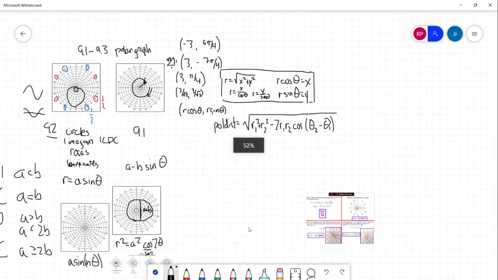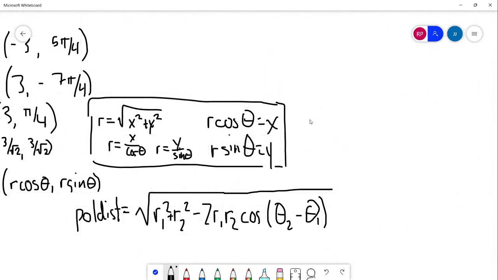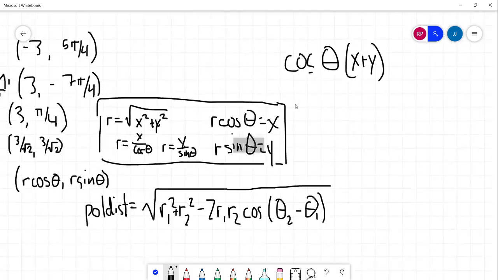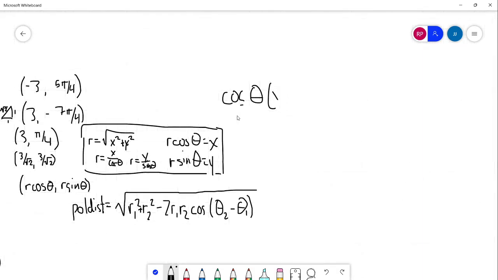So I feel like there's not much theory in this one other than these fundamental equations, and then you also should know the sum of angles formulas. So cos of x plus y, that's going to be cos x cos y, plus or minus, minus plus, sine x sine y.